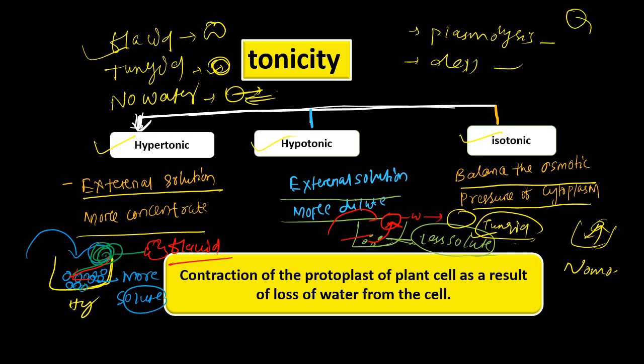If water moves out of the cell, this condition is known as plasmolysis. What is deplasmolysis? If, reversely, water enters the cell, then it is called deplasmolysis. So this is all about tonicity, plasmolysis and deplasmolysis.